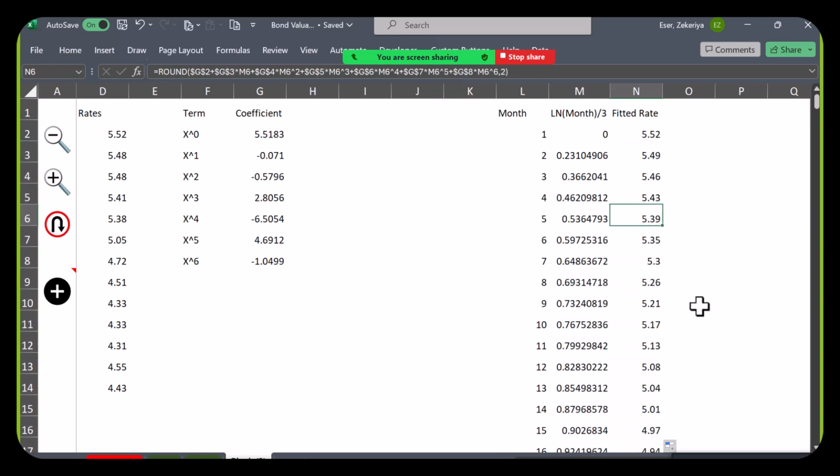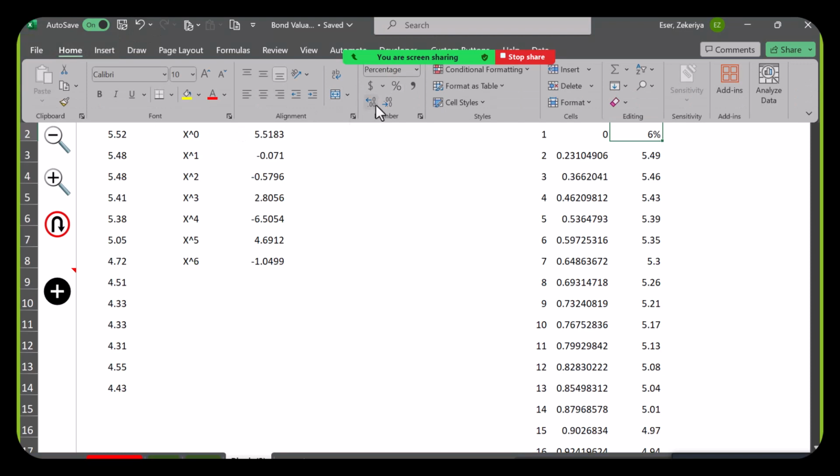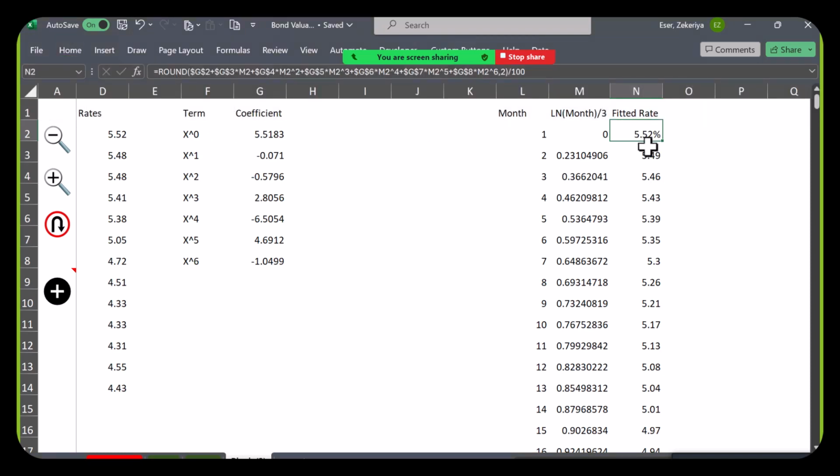All right. In fact, I'm going to divide these by 100 as well, so that I won't have to do it later.